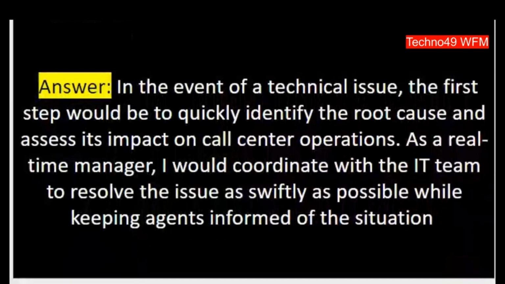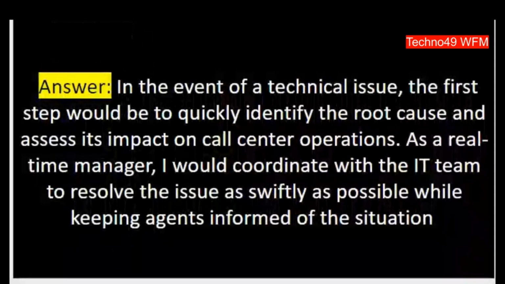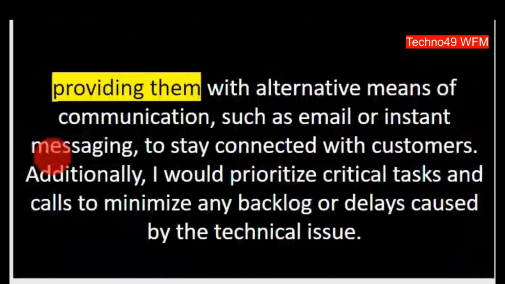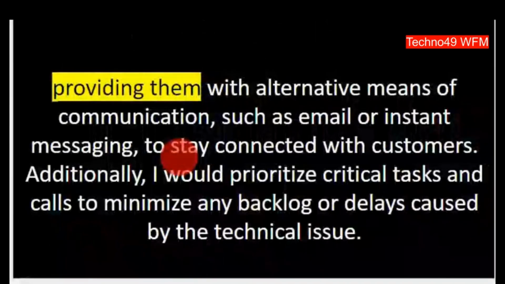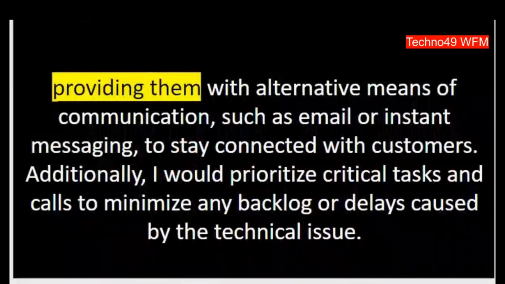As a real-time manager or real-time analyst, I would coordinate with the IT team to resolve the issue as swiftly as possible while keeping agents informed about the situation. Additionally, you can provide them with alternative means of communication such as email or instant messaging to stay connected with customers. I would also prioritize critical tasks and calls to minimize any backlog or delays caused by the technical issues.